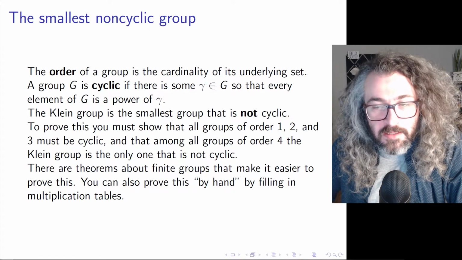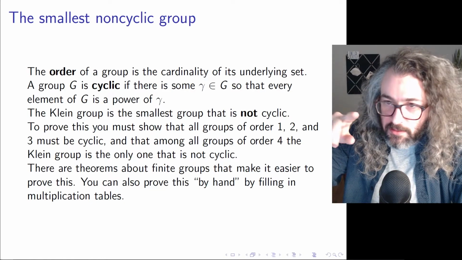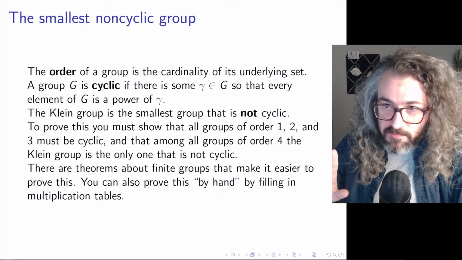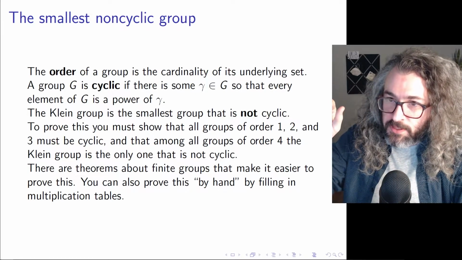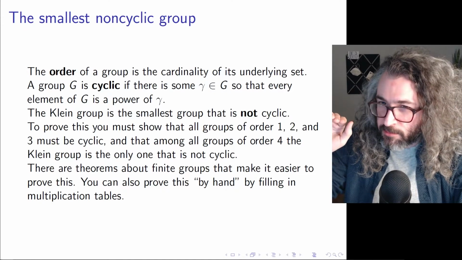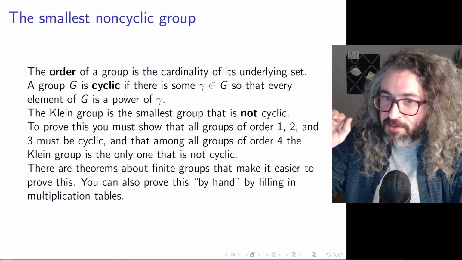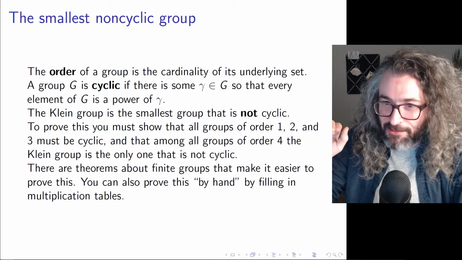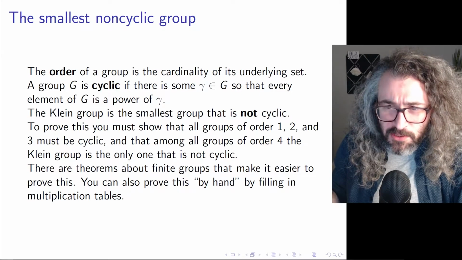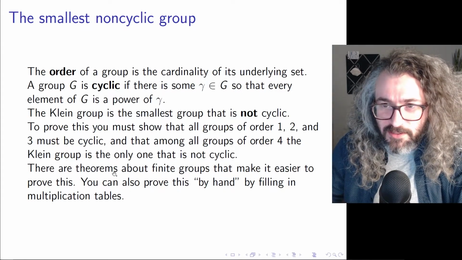What I mean is you can draw a 4x4 multiplication table and don't fill it in yet. But then you can start filling it in, and if you use some properties about groups, you'll be forced to fill it in one of two ways. It'll either be cyclic or it'll be the Klein group. I can show you more about that if you're interested, but I'm going to leave it out of this video.